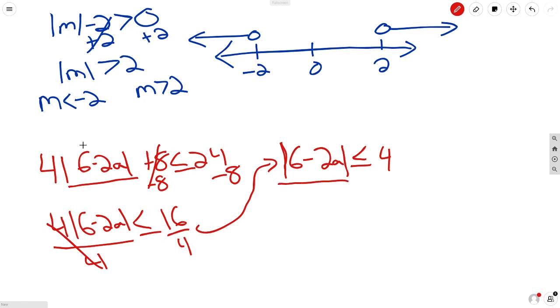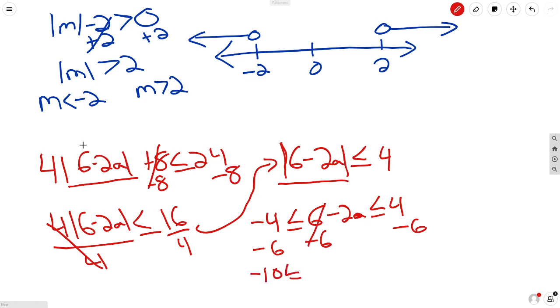So now that I have my absolute value isolated, since it's less than or equal to, I'm going to do negative 4 is less than or equal to 6 minus 2a is less than or equal to 4. And now I want to isolate the a, so I subtract 6, and I get negative 10 is less than or equal to negative 2a is less than or equal to negative 2. And then I divide by the negative 2.